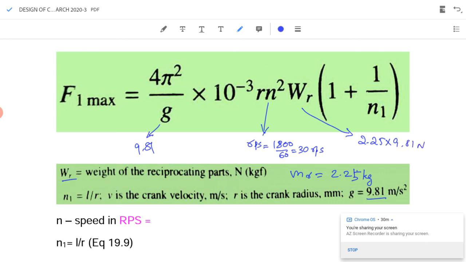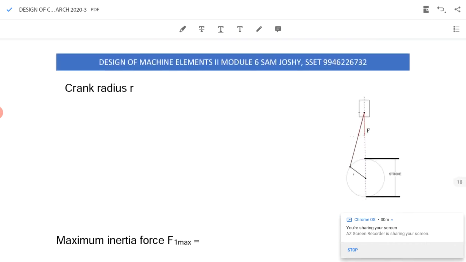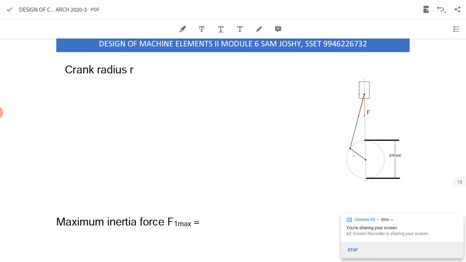Then N1 equal to L by R, where L is the length 380 mm, and as of now we don't know the value of R. What is R? R is the crank radius. We will see how you find the crank radius. In an engine, we can see this is the value of R. Stroke is the distance between top dead center and bottom dead center.